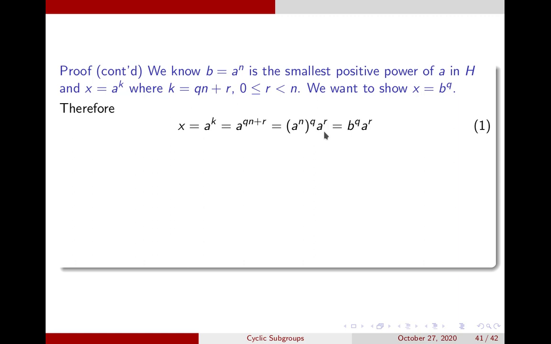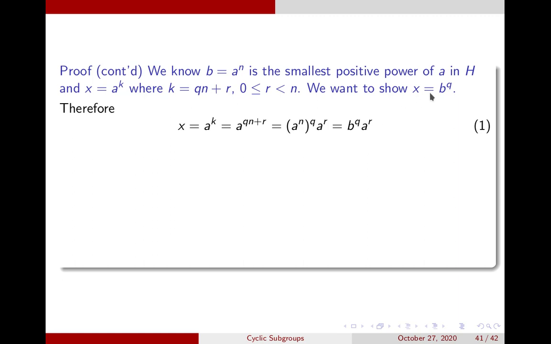And then b is a to the n. So we replace the a to the n by b. So using the left-hand end and the right-hand end of this string of equations, we have x equal to b to the q times a to the r.